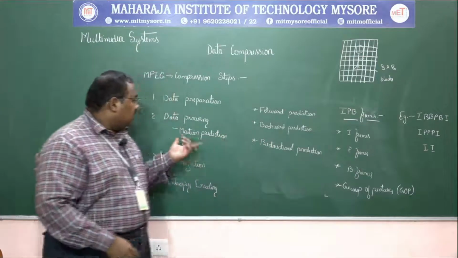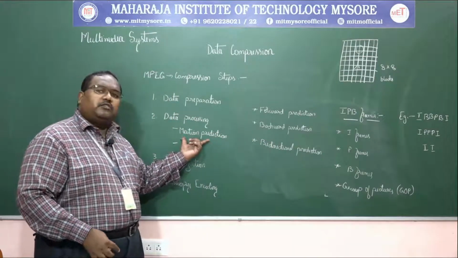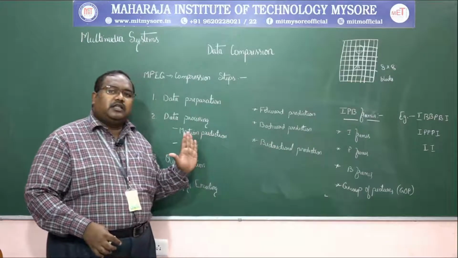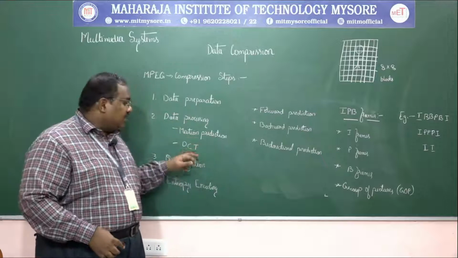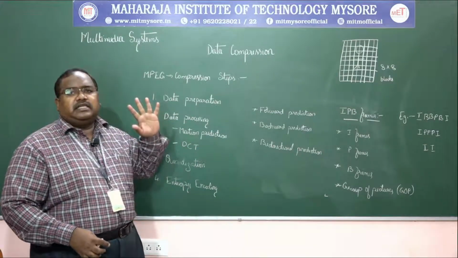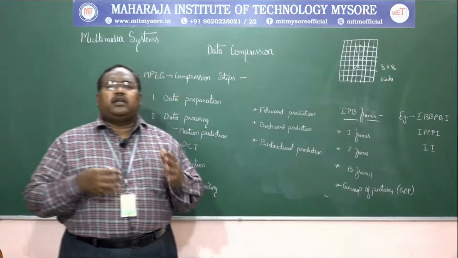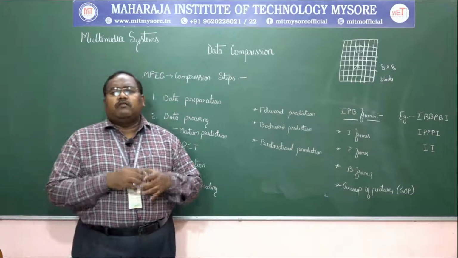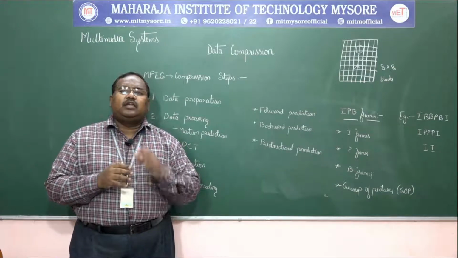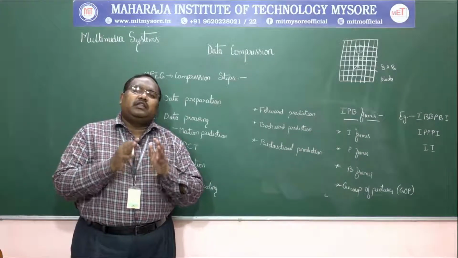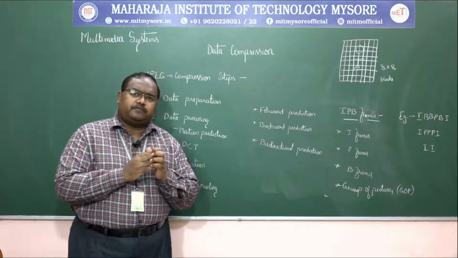Next, we have predicted how the frames are assessed during moving things in motion pictures. So in the second stage we apply DCT. What is DCT? We have already gone through the discrete cosine transformation. We mainly apply DCT to reduce the high frequency component and retain the low frequency component.